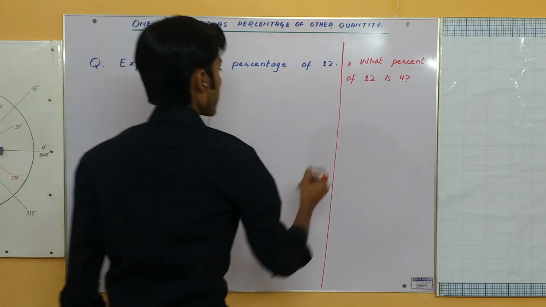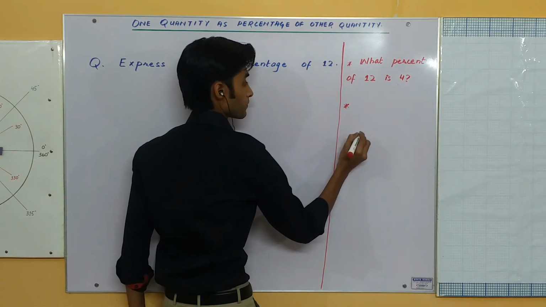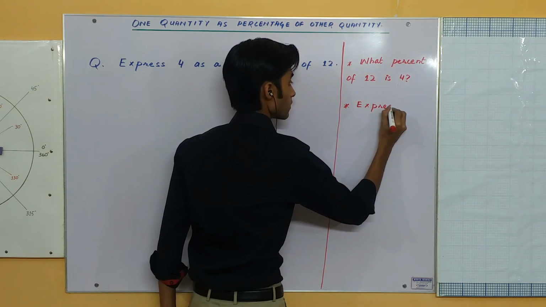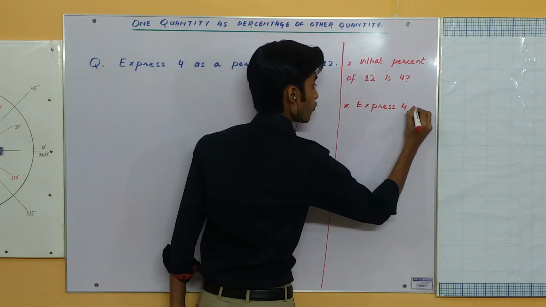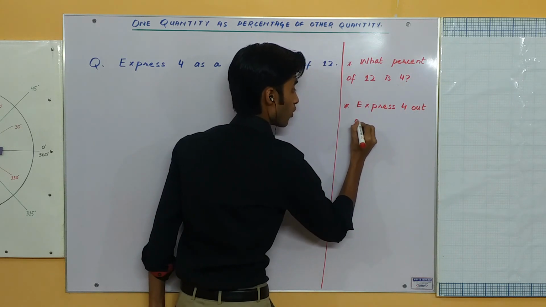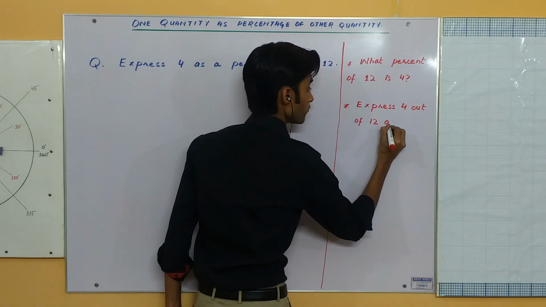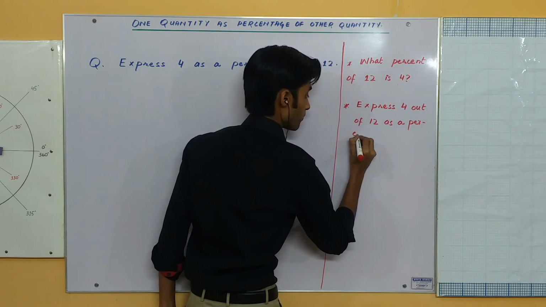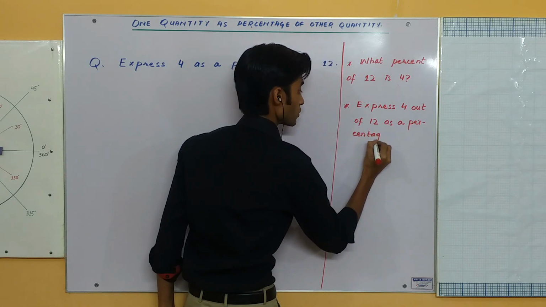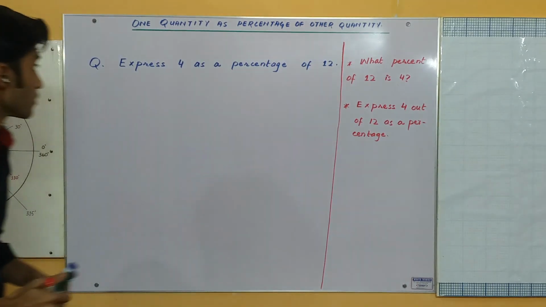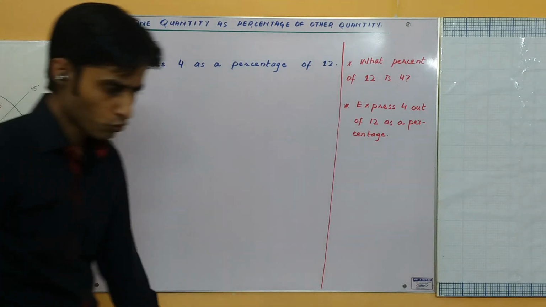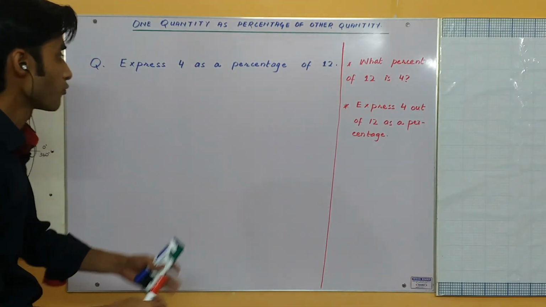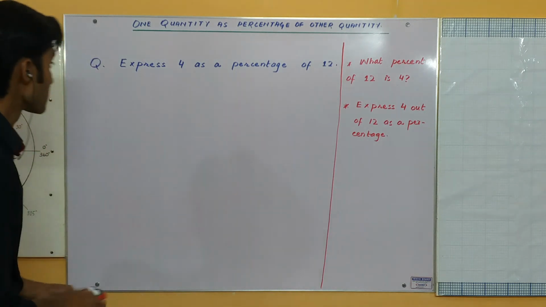And one more possible way could be, express 4 out of 12 as a percentage. So these are two other ways of asking the same question. There could be other ways, but obviously I am not going to discuss all of them here.